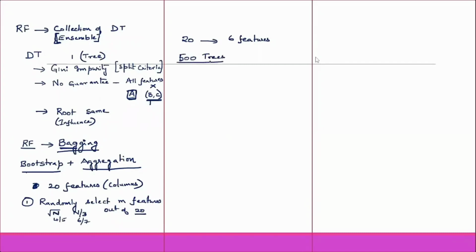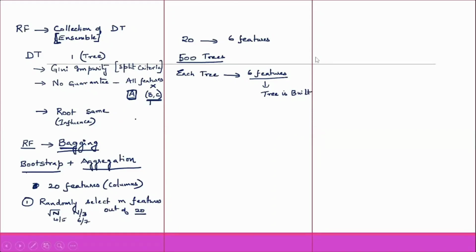In each tree, randomly 6 features will be selected, I'm just giving the number 6, and only by considering those 6 features the first tree will be built.